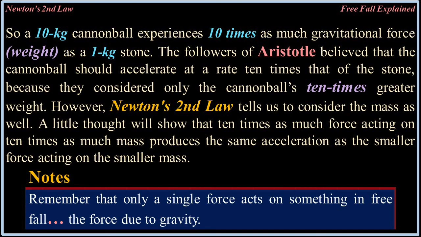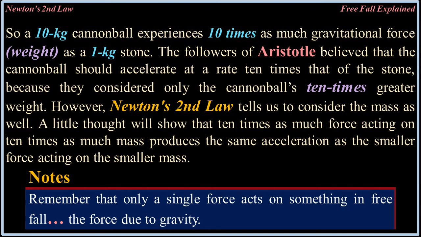So a 10-kilogram cannonball experiences 10 times as much gravitational force, weight, as a 1-kilogram stone. The followers of Aristotle believed that the cannonball should accelerate at a rate 10 times that of the stone, because they considered only the cannonball's 10 times greater weight. However, Newton's second law tells us to consider the mass as well.